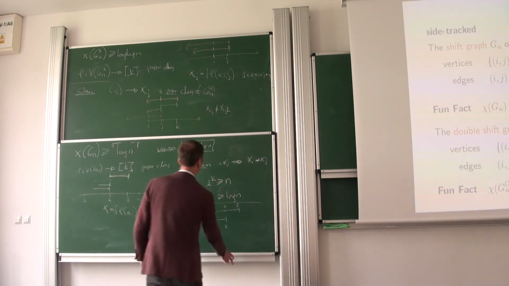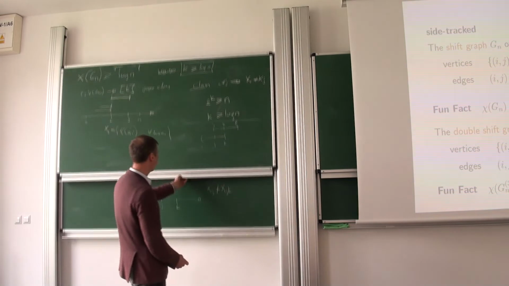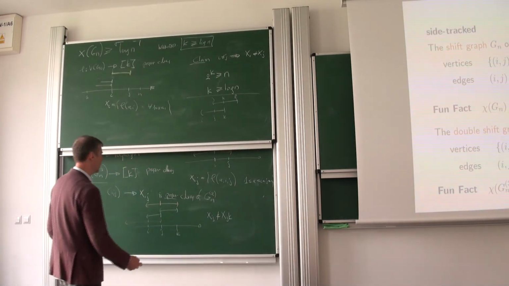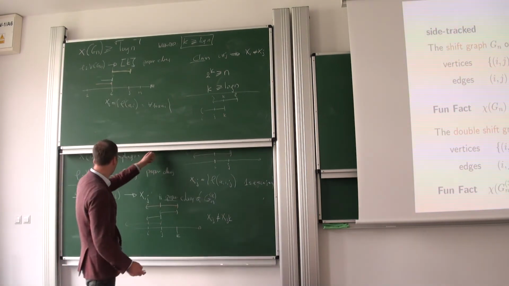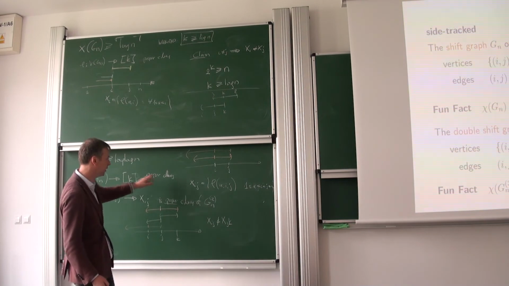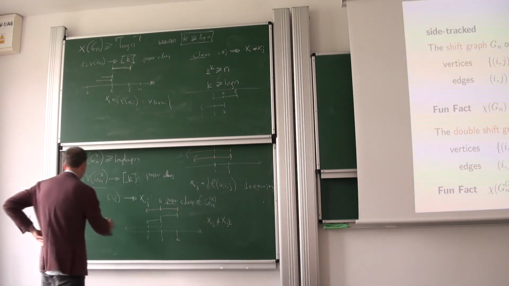So what does it mean? How many colors am I using? I started from k colors and I generated 2 to the k.